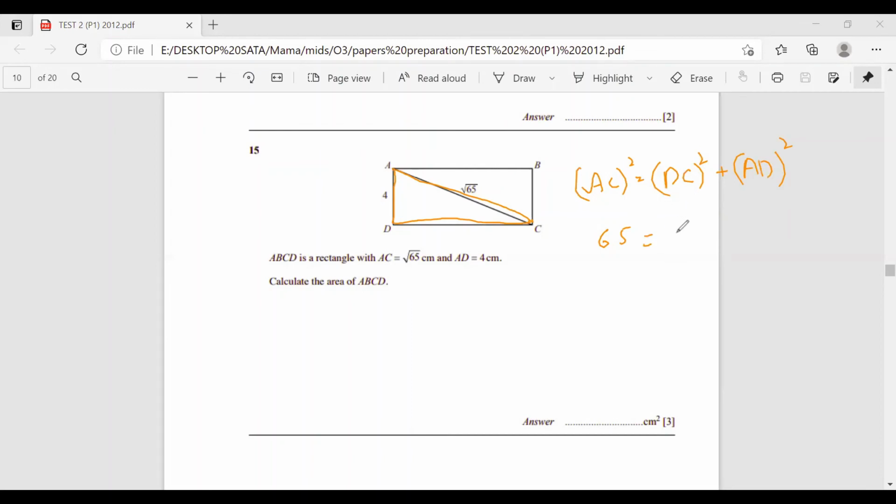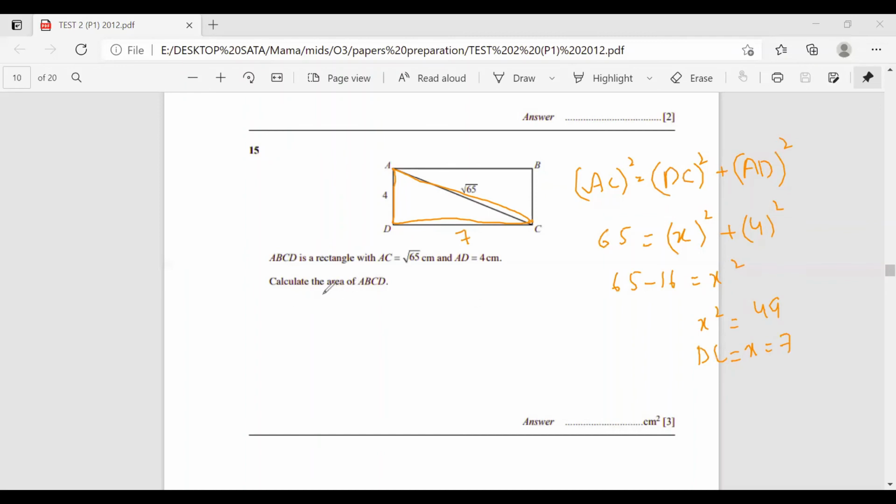The value of DC, I suppose x, which is x square, plus the value of AD is 4, that means 4 square. 65 minus 16 equals x square, and if I subtract 16 from 65, I'll get 49, and the value of x is 7. That means the value of DC is 7.